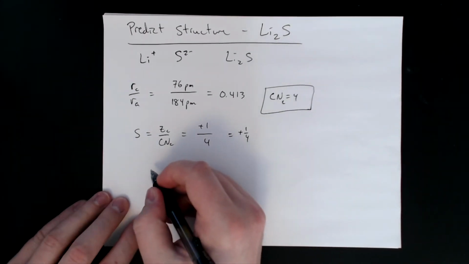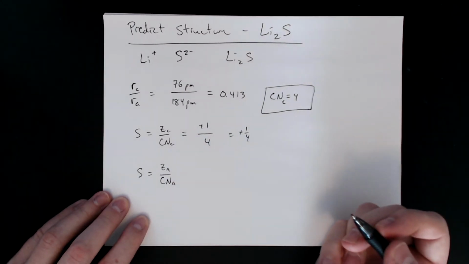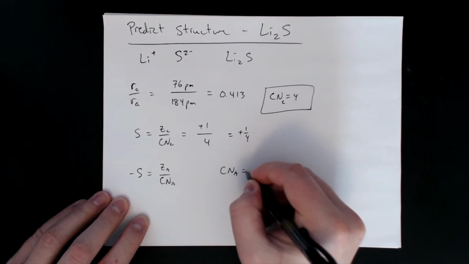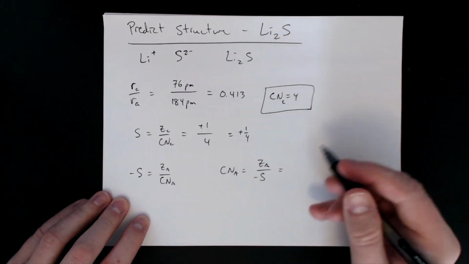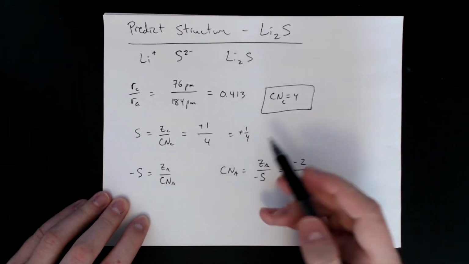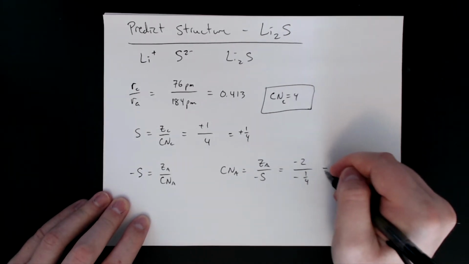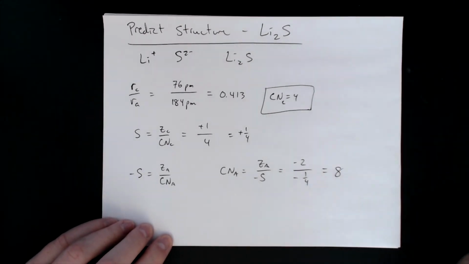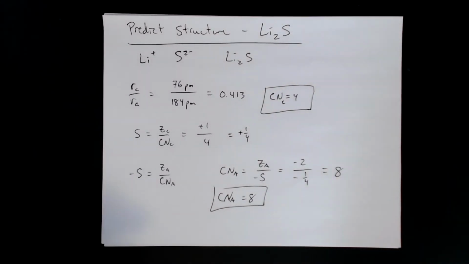And then if we use our similar equation, solve for, and again, this was the negative of this, and so coordination, just rearranging, and then we know the charge of the anion, -2 over minus the bond strength, which was 1/4. And so the charges are going to cancel out because it's a coordination, so it shouldn't be negative. And so that gives us 8. So our anion coordination is 8.